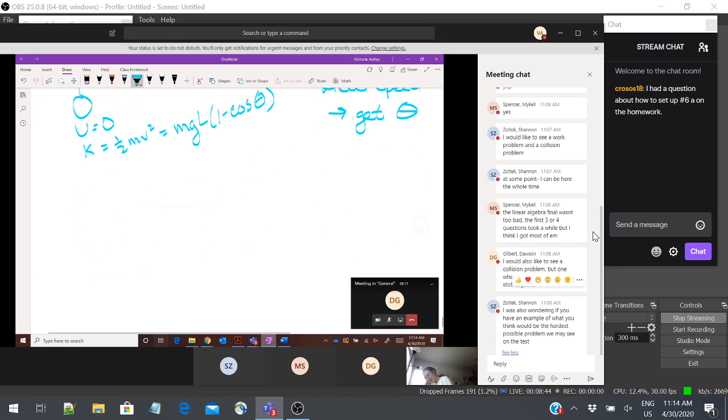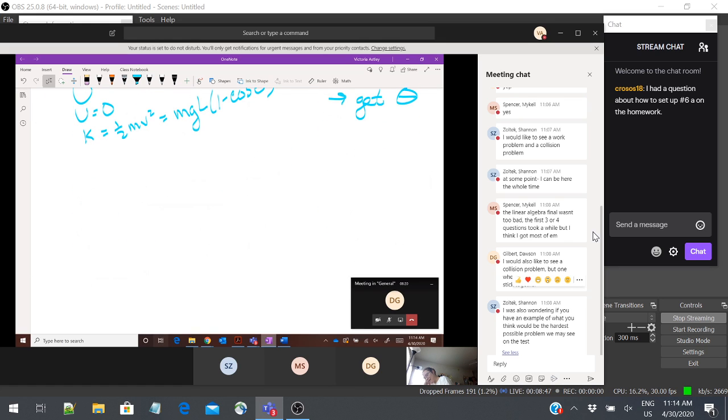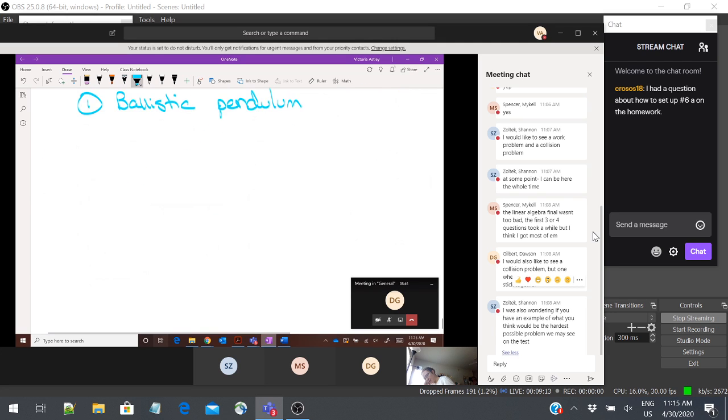Now, where problem 6 gets a little exciting is that it combines a collision at the bottom. There's one type which is like a ballistic pendulum, where, for example, you shoot a bullet at it. I think problem 6 might be kind of like this.